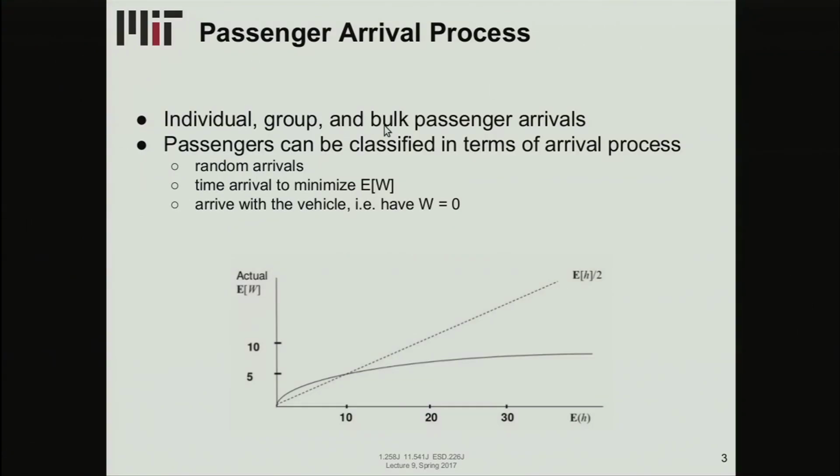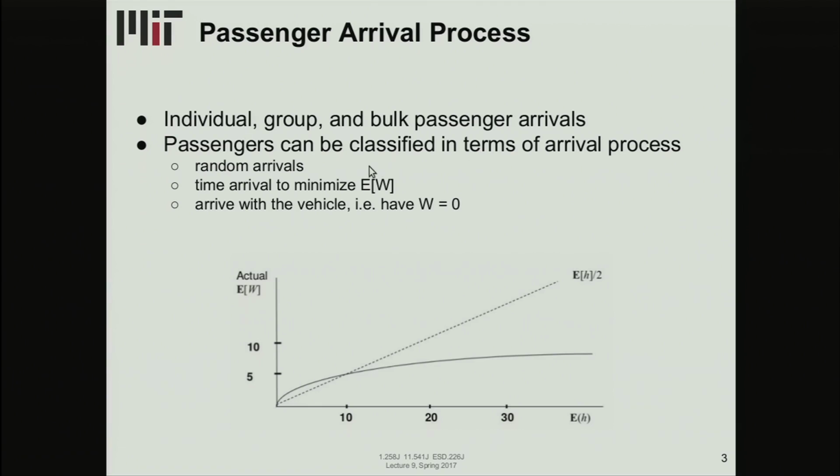There's bulk arrivals, so if you have a bus stop right outside of a train station and the train has just left and a bunch of people got off the train and they all want to board the bus, that's not being captured by this. And we can think of the passenger arrival process in steps, from having no information to having a lot of information.